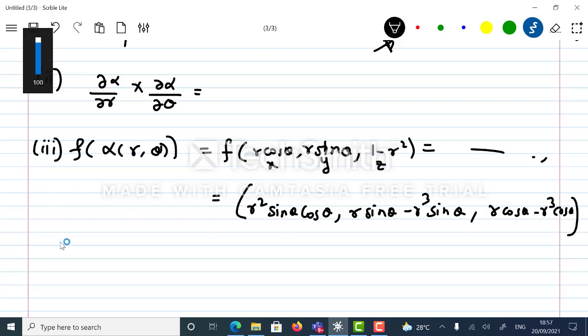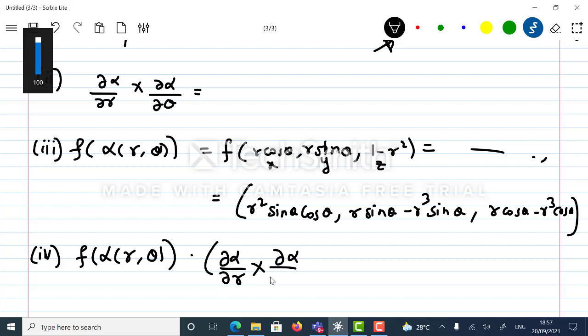This is how the f will be. Step 4, you find out f of α(r, θ) dot product with ∂α/∂r cross ∂α/∂θ. So this you need to find out.